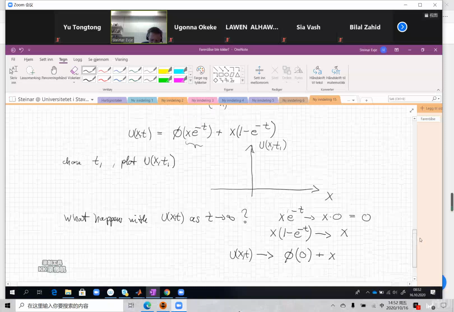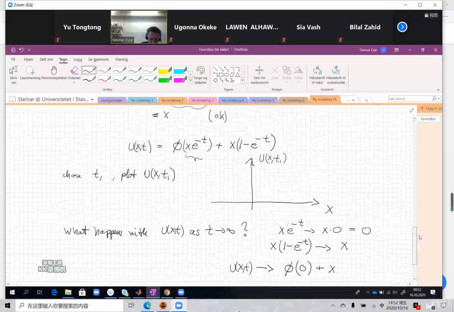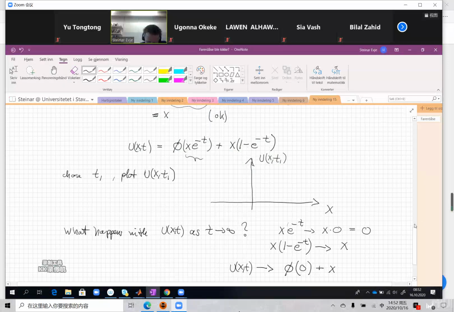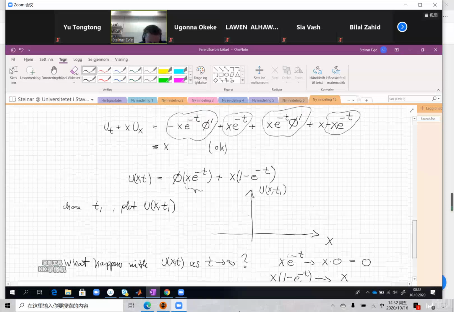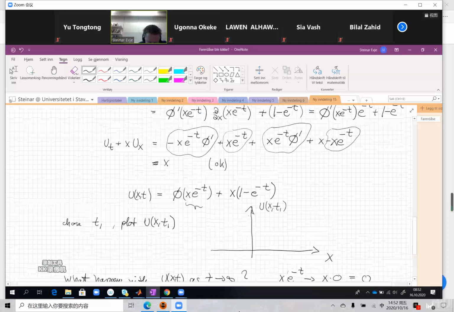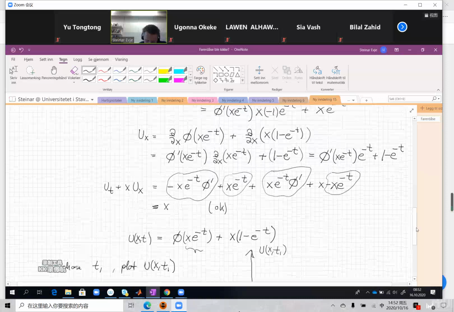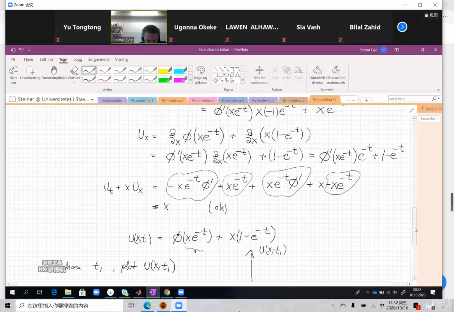That is one point. And the other point is that when we look at the solution here, we should ask ourselves the question, where is the effect of the source term? And where is the effect of the equation itself?